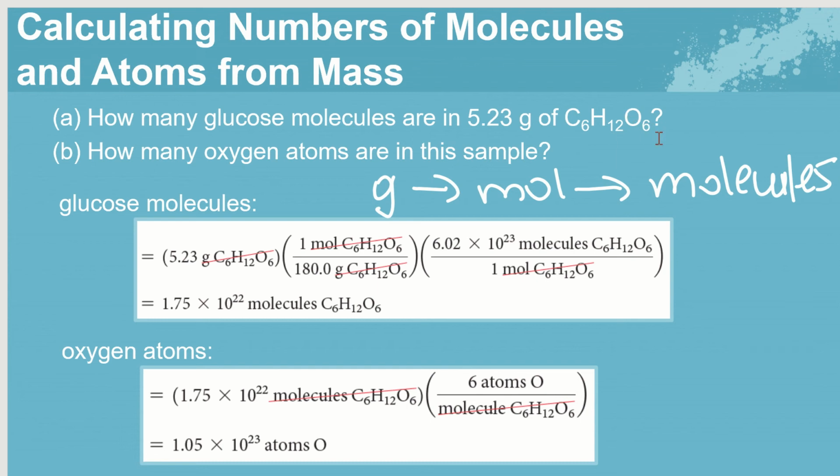We have 6 oxygen atoms here. So we have this very simple conversion factor, where the unit we're trying to get rid of is in the denominator and the desired unit, which is atoms, is in the numerator. All we have to do is multiply the number of molecules we got from the previous question by 6 to get the number of oxygen atoms.